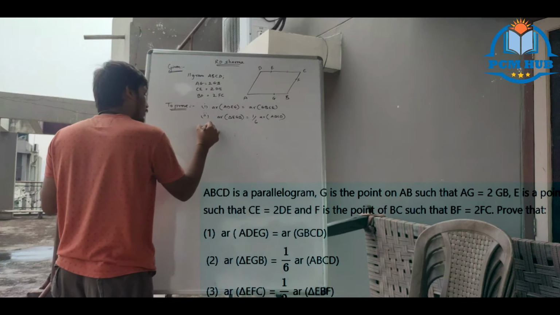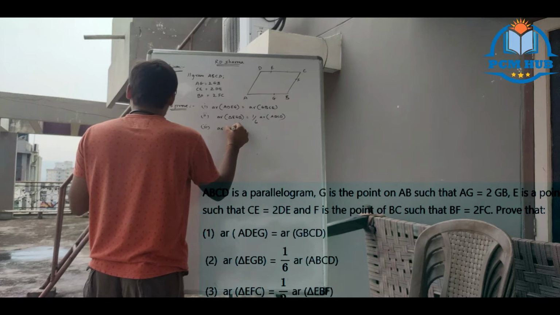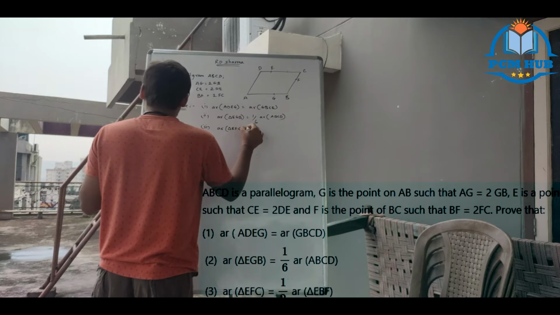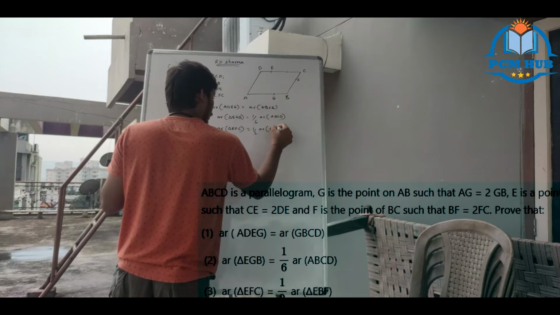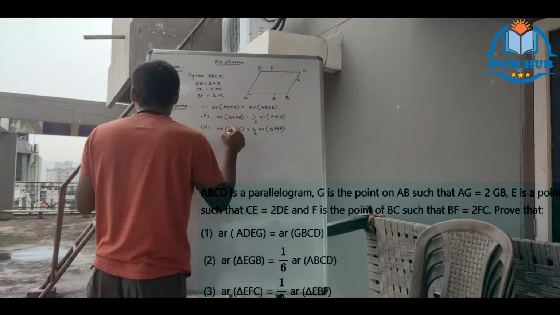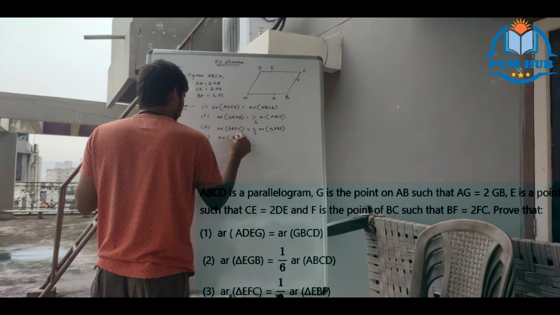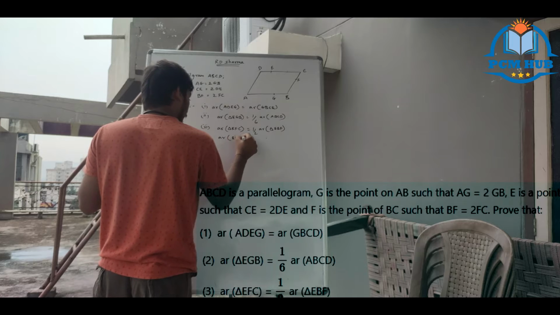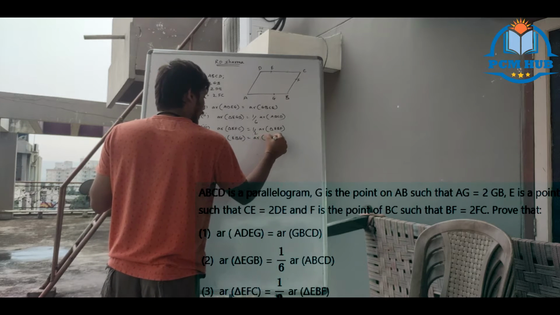Third one, area of triangle EFC equal to half of area of triangle EBF. Fourth bit, area of triangle EBG equal to area of triangle EFC.